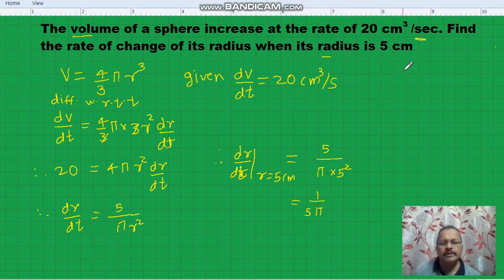The unit must be centimeter per second because change in radius is required, so the unit is centimeter per second.